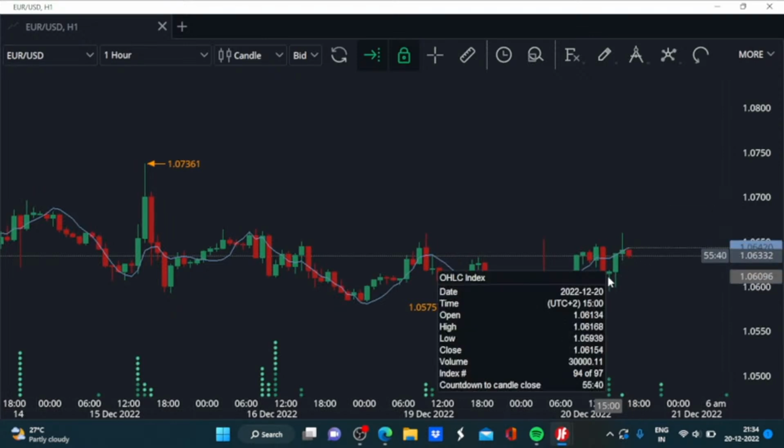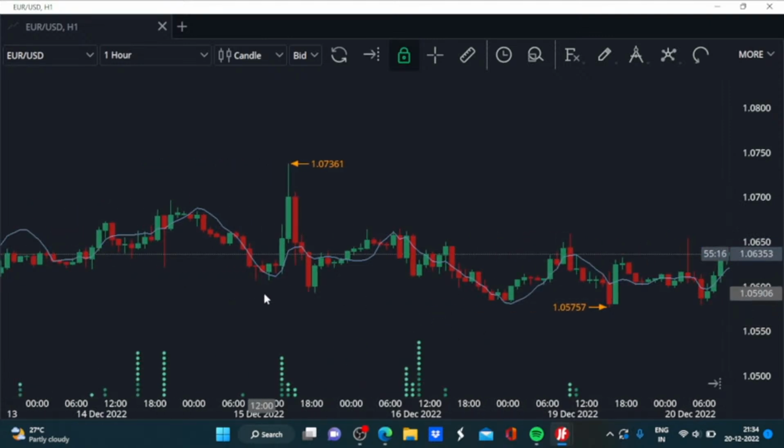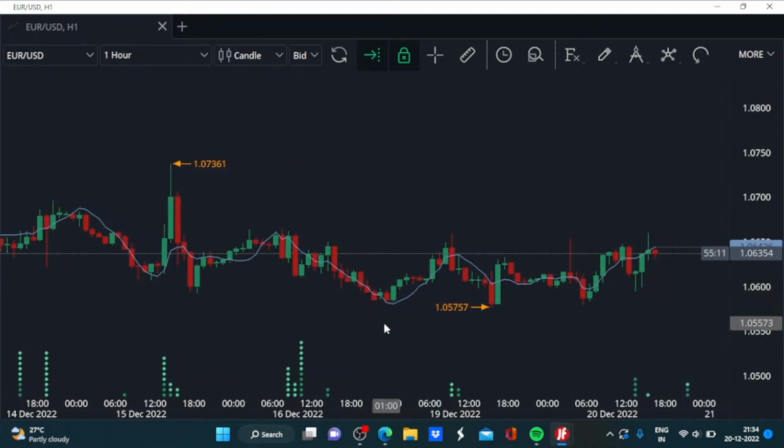So in a way you can use it as a tool to look at the trend, and if we have significant enough deviation from this time series forecast, that can also be used to look for overbought or oversold scenarios using standard deviation and other similar tools. So you can use this indicator both ways, to trade with the trend as well as against the trend. Both possibilities are there.